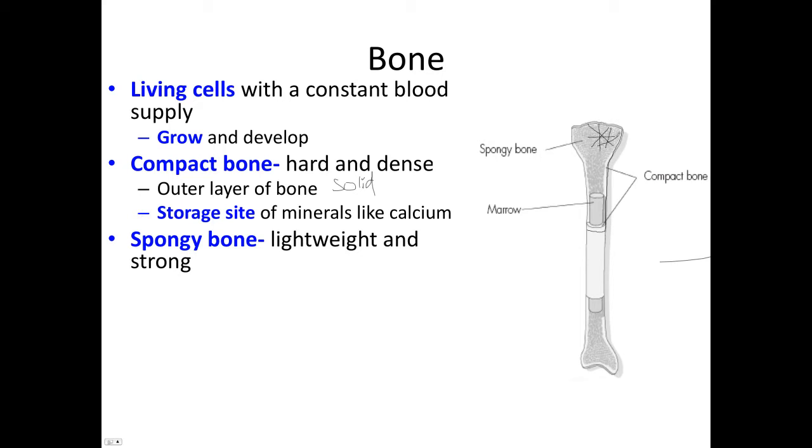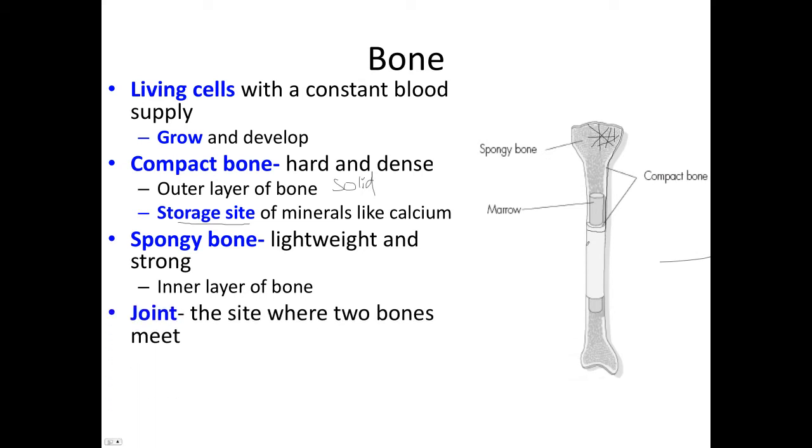There's overlapping materials that allow for great strength, but it's also lightweight. So spongy bone is the inner layer of bone that you see here, which looks like a sponge that you would find in your sink. Okay, so just the outer layer is compact bone, and compact bone is also the storage site for minerals like calcium. This is where those things are stored.